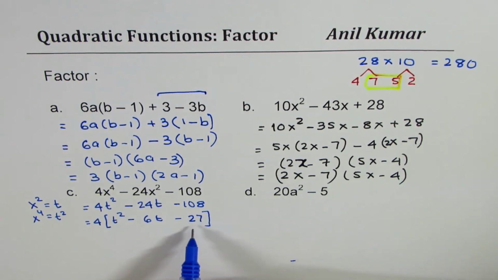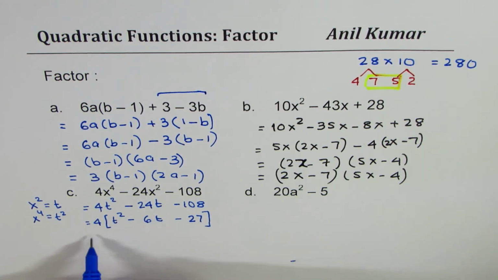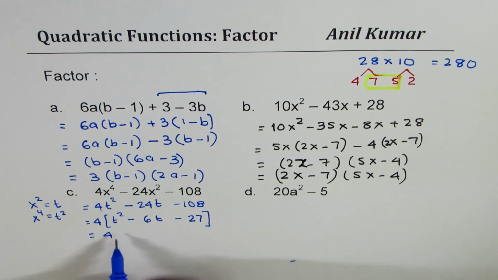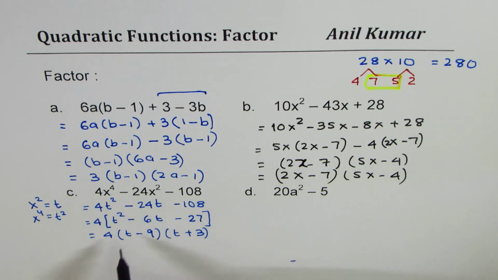Okay, now we're looking for a product of minus 27 and a sum of minus 6: 9 and 3, correct? So we could write this as 4 times (t minus 9) times (t plus 3), correct? And of course, when you write your answer, you have to convert t to x squared, right? So we get 4 times (x squared minus 9) times (x squared plus 3).